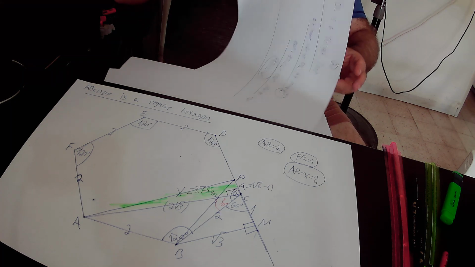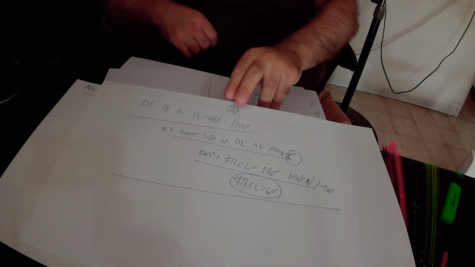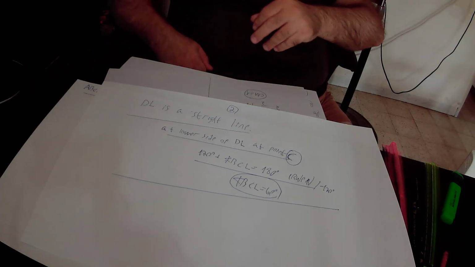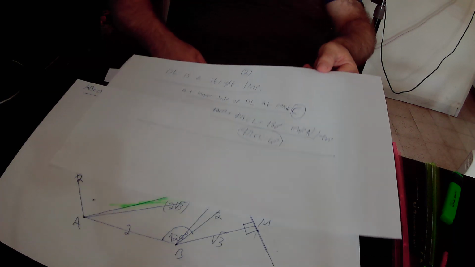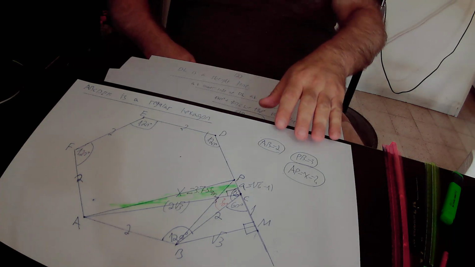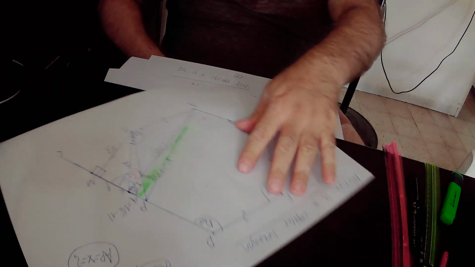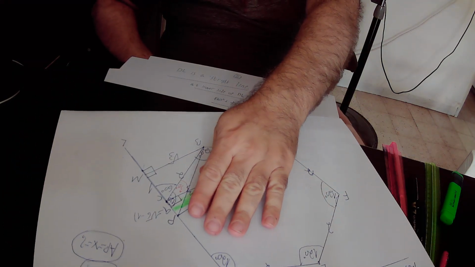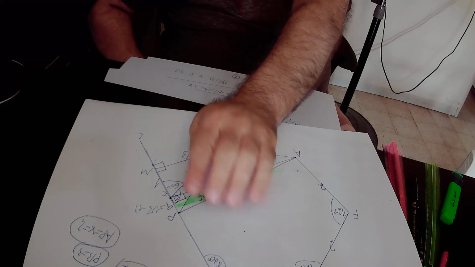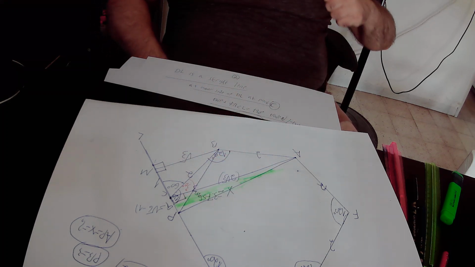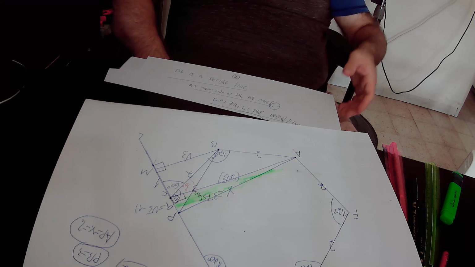DL is a straight line. Okay, and if you focus on this side of the straight line DL at point C, here the sum of the angles must be equal to 180 degrees according to rule number 1.